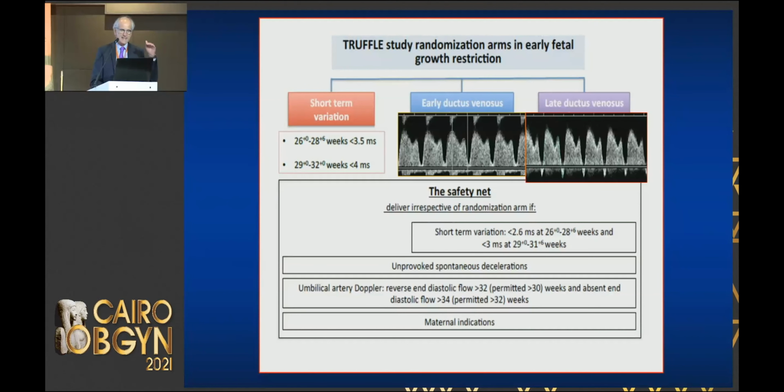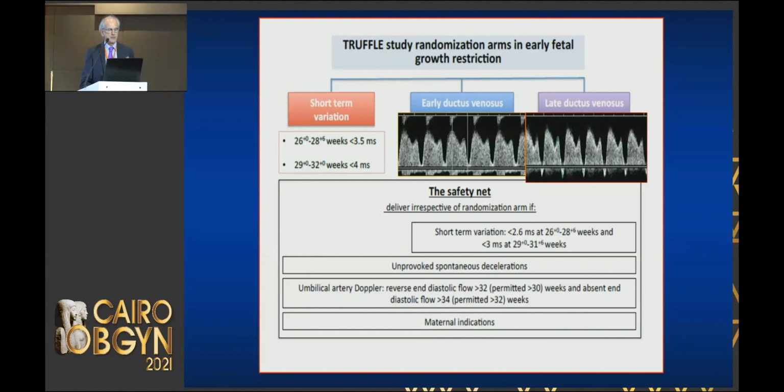This limit was lower than the short-term variation in the CTG group, because it was a safety net for the ductus venosus group. Furthermore, for all 3 groups, regardless of short-term variation, regardless of ductus venosus changes, unprovoked spontaneous decelerations were an indication for delivery.